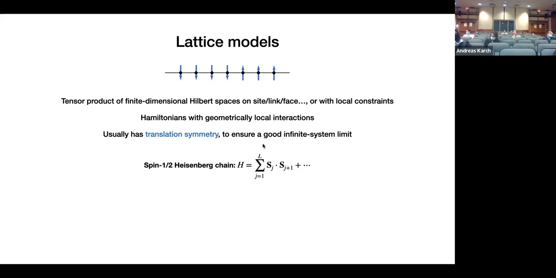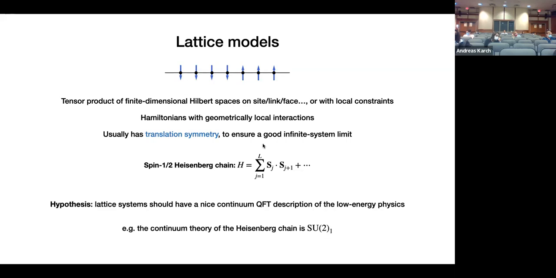The spin operators are denoted by S here, and the j labels different sites, labeled by integers. I'll always work with a finite-size system, so the sum goes from 1 to L. There are L sites in the system. The interaction that I write down here is a nearest-neighbor Heisenberg interaction, S_j dot S_{j+1}. We can add more terms, but let's focus on this term.